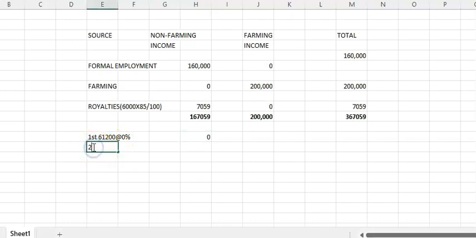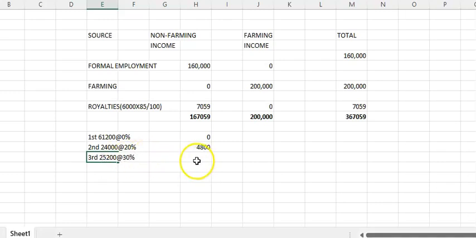Now the second 24,000 is taxed at 20%. Our answer will come here as 4,800 upon the computations. And then the third 25,200 will be taxed at 30%.